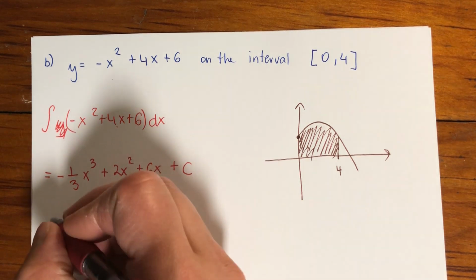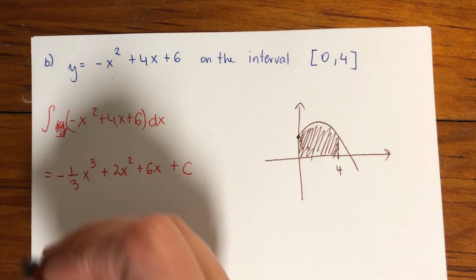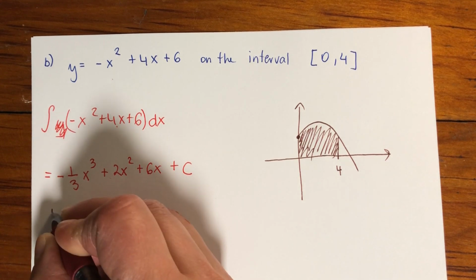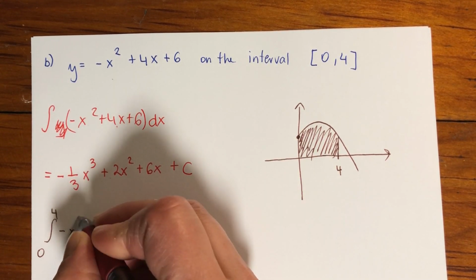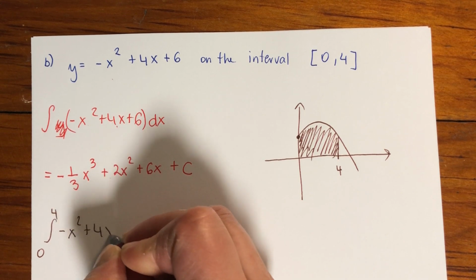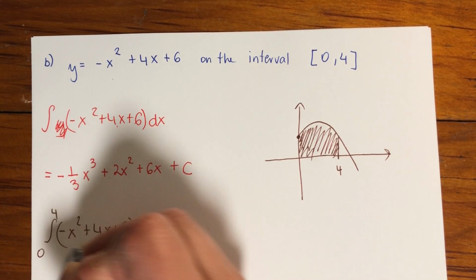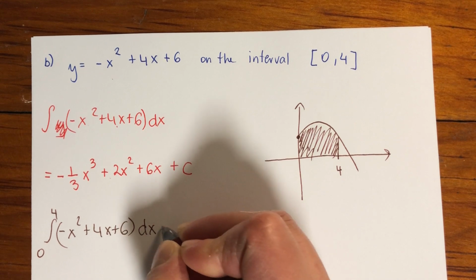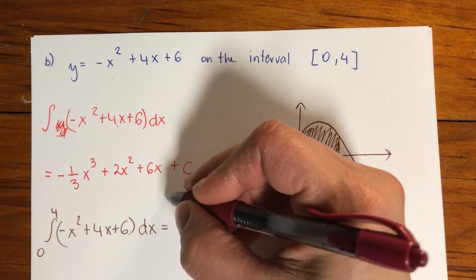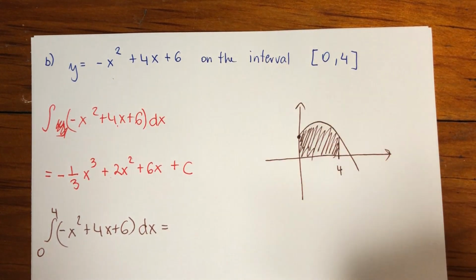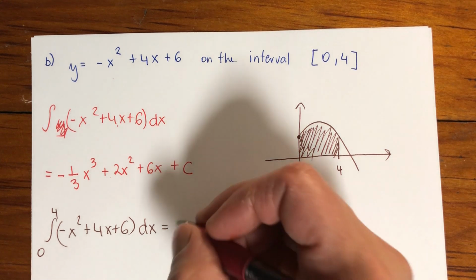All right, so I simplified this. Now I am going to evaluate this from 0 to 4. And again, I'm going to put my original negative x squared plus 4x plus 6, and I have the x. And this is going to be equal to, so now, in place of x everywhere, I need to start by putting the 4.